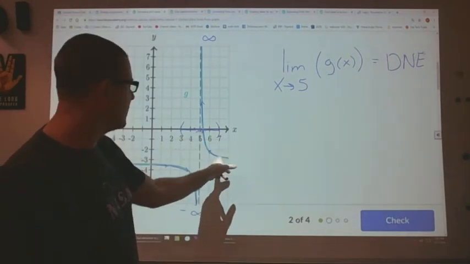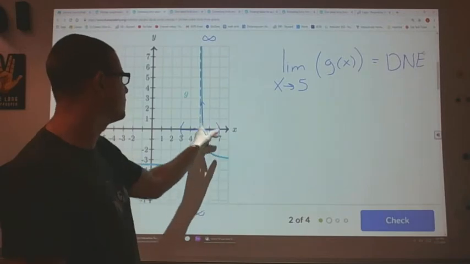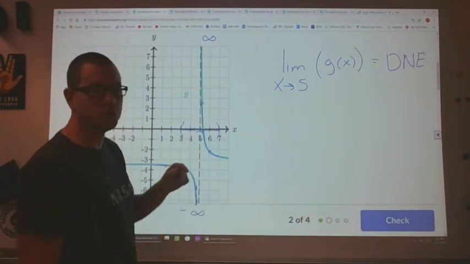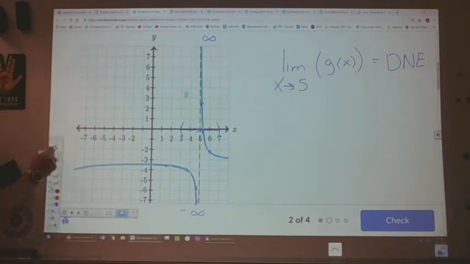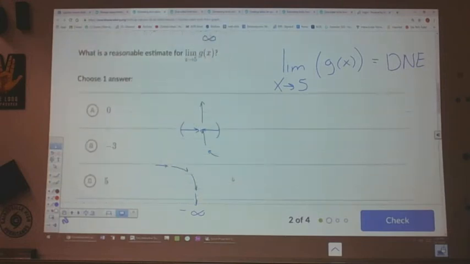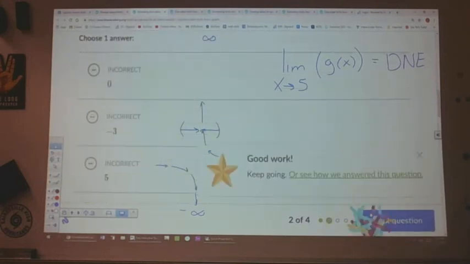So if I go to the right, I'm still looking that way towards 5. As I get closer to 5, my graph is going up. In this case, the limit doesn't exist, because the left-hand behavior and the right-hand behavior do not meet in the middle. So we would find the limit does not exist, which we have there. So that's all you're doing on the graphs.